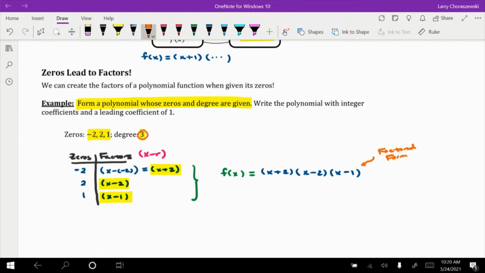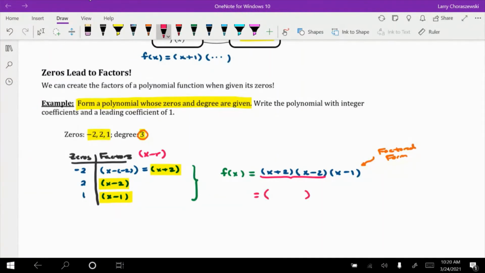So when you have it written this way, there's a little bit more that you have to do, and that little bit more is foiling. All right, so we're going to multiply all these together, and the way to do it is by choosing 2 at a time. So for example, you might consider foiling x plus 2 times x minus 2.